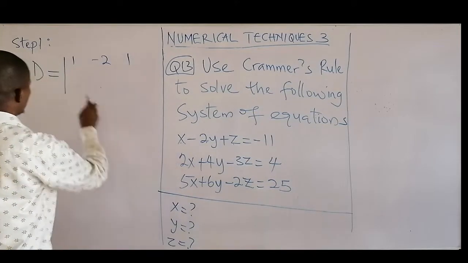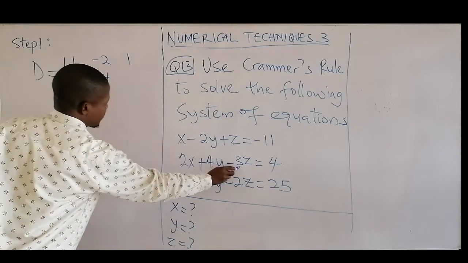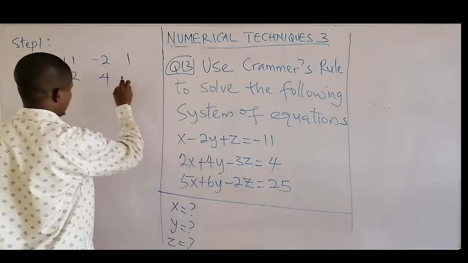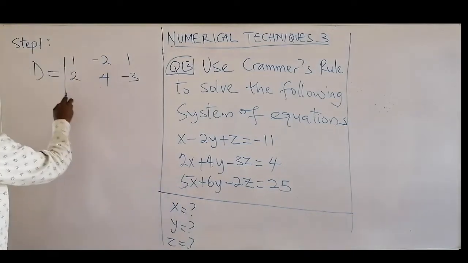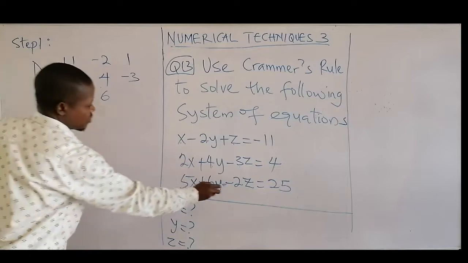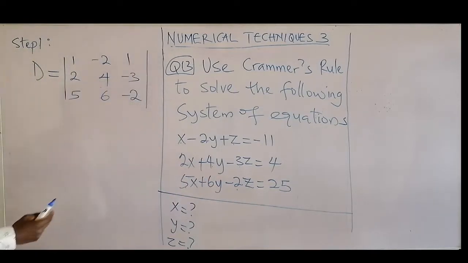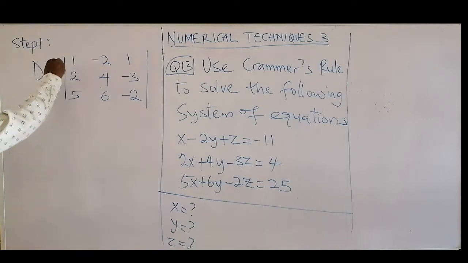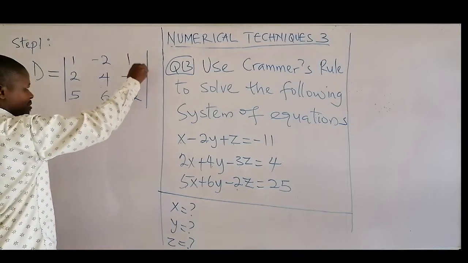Here also we have 2, here we have 4, we have -3. And for the last equation, we have 5, we have 6, we have -2. These are the coefficients of the variables x, y, z. Don't forget, this D means determinant, and this is the symbol for determinants.